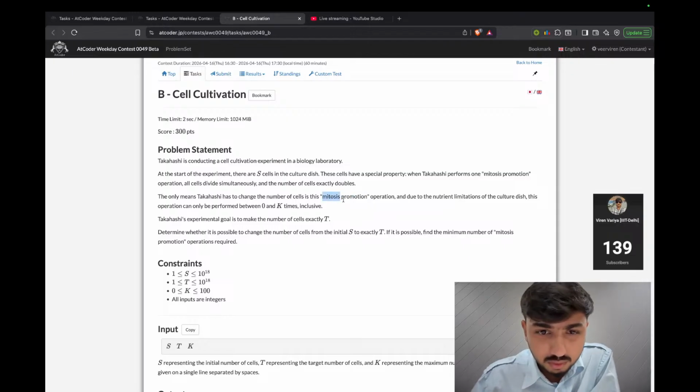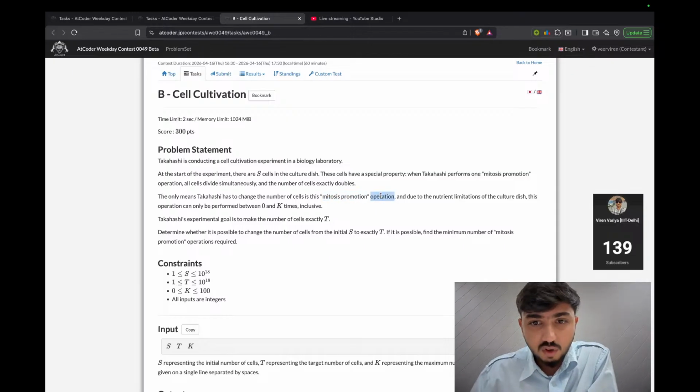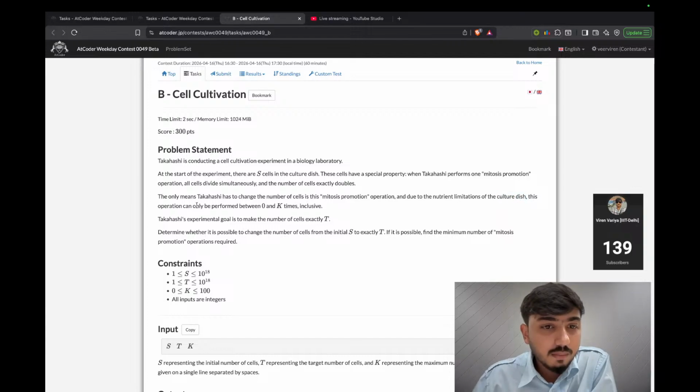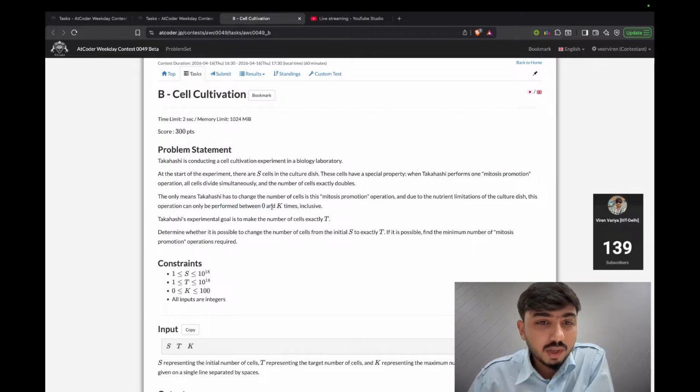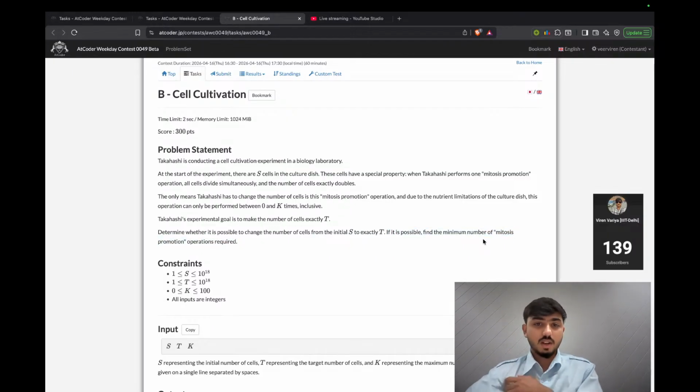I don't know how to pronounce mitosis. Due to the nutrient limitations of the culture dish, this operation can only be performed between 0 and K times. Takahashi's experiment goal is to make the number of cells exactly T. Determine whether it is possible to change from S to T, and if it's possible, the minimum number of operations required.